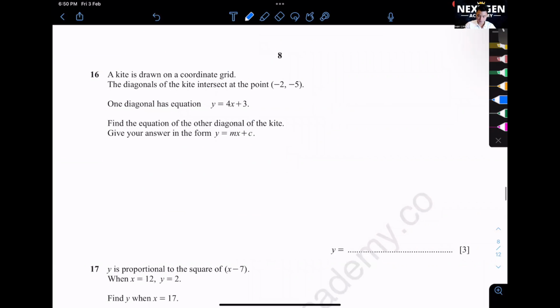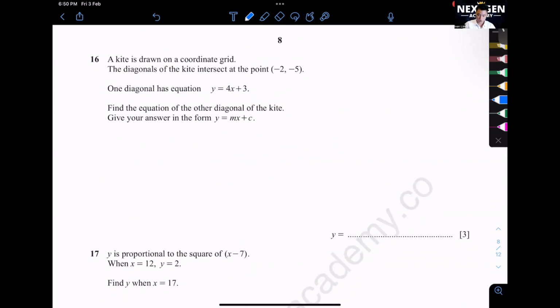Question 16. A kite is drawn on a coordinate grid. The diagonals of the kite intersect at the point (-2, -5). One diagonal has equation y equals 4x plus 3. Find the equation of the other diagonal of the kite. So how does the kite look first?